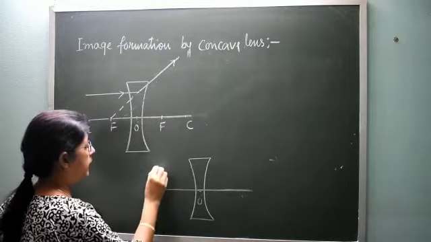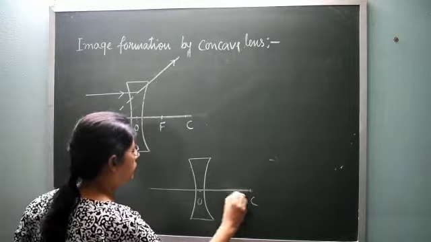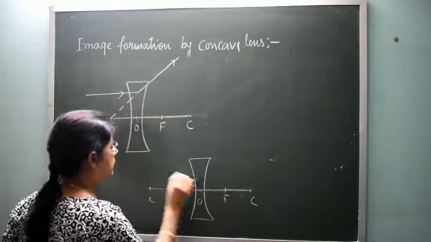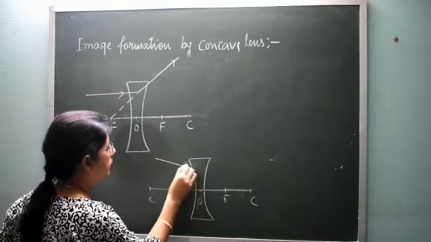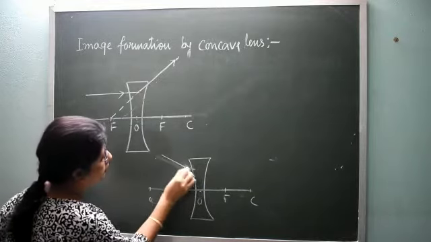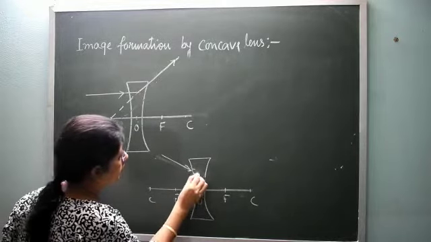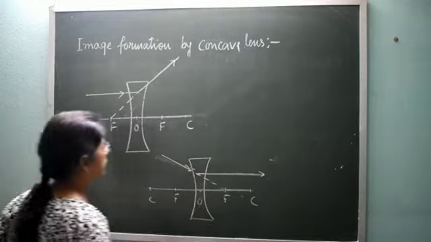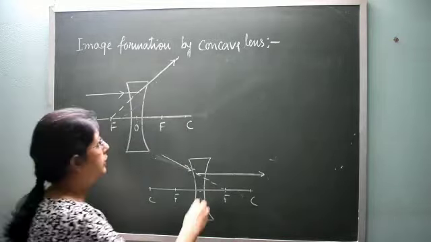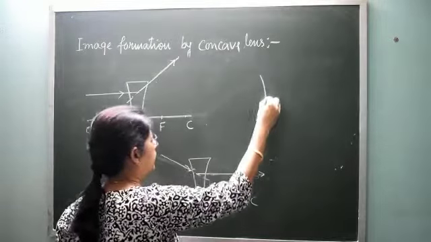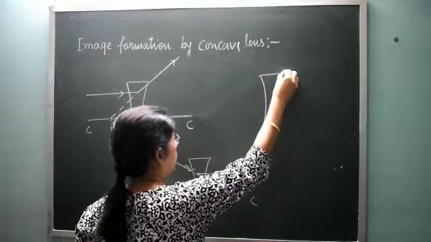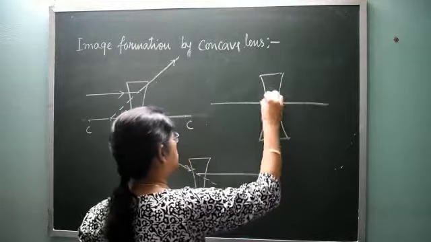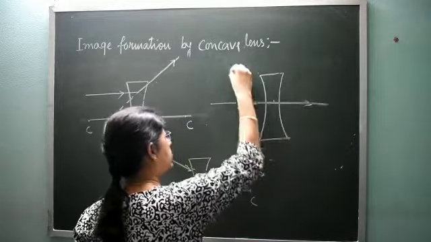Second one is if a ray is passing towards F, moving towards F, then after refraction it becomes parallel. This will be the second ray of light. Then the third one: a ray passing through O remains unchanged.